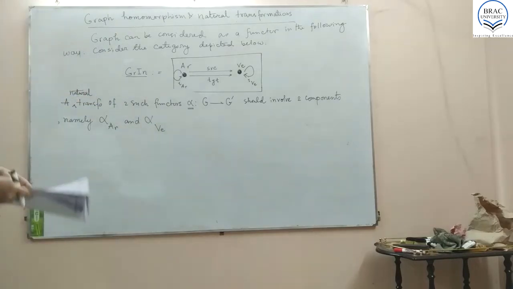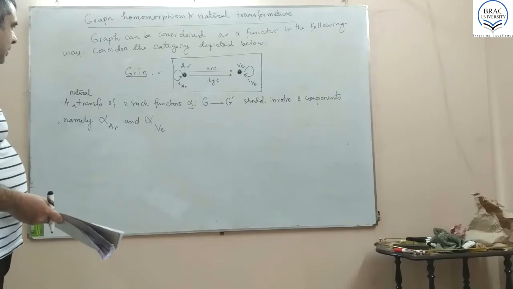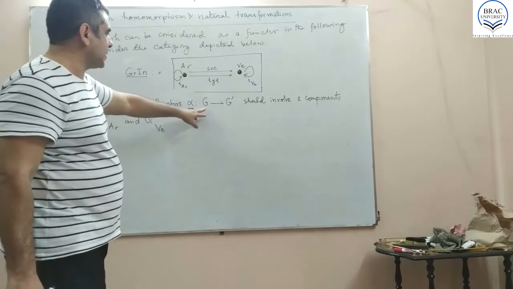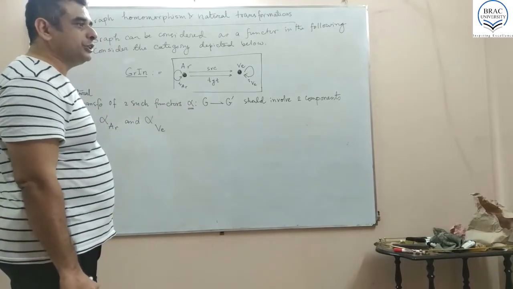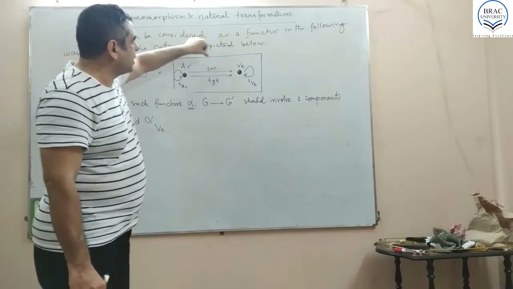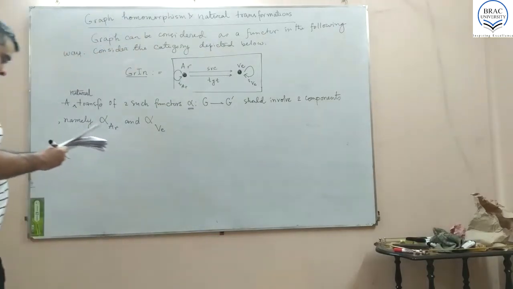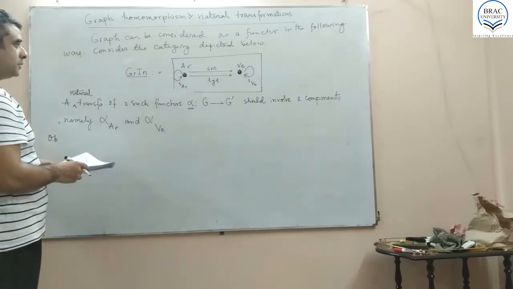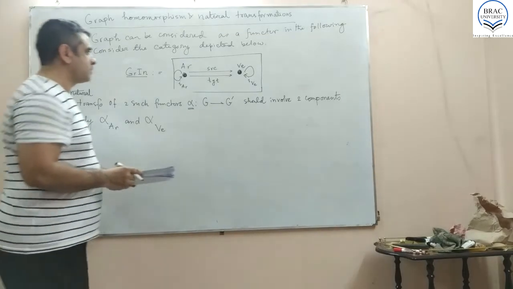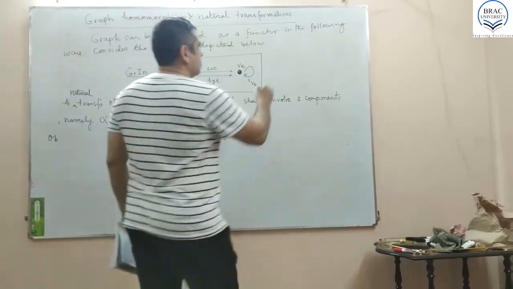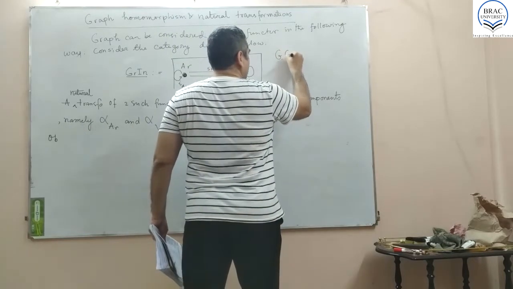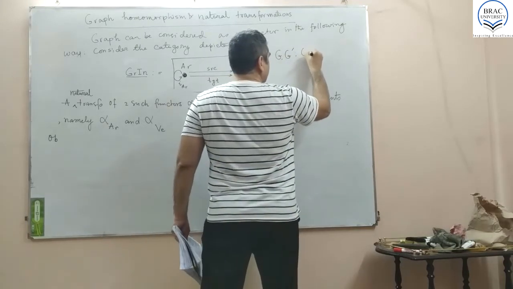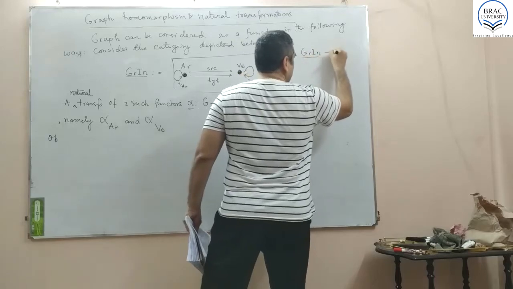Okay? There will be two components associated with this natural transformation because there are two objects in this category, which are AR and VE. So let me denote these things very clearly. These are functors from the category GRIN to SET, okay?